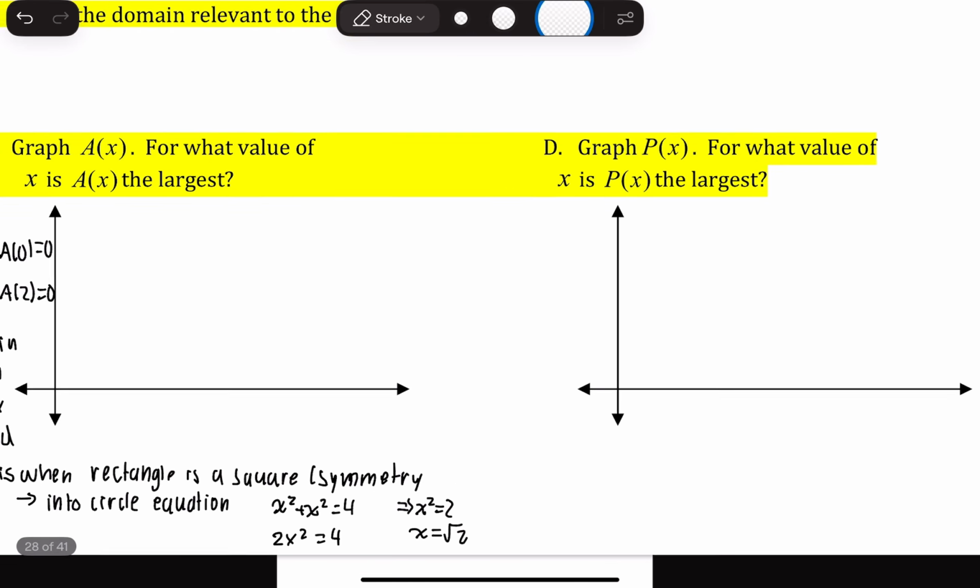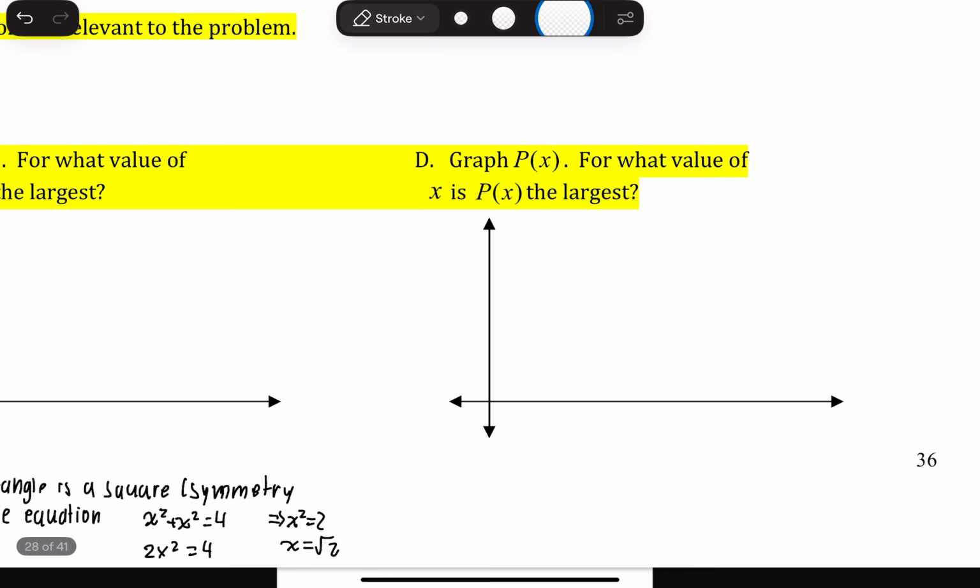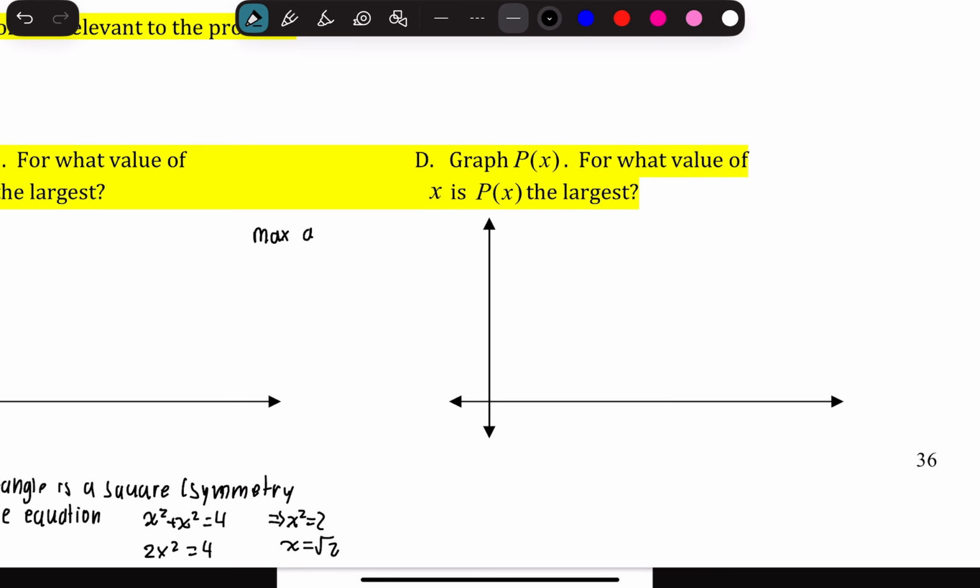So now we have the max area, and that's going to be A is equal to 4xy. Now we know what x and y are, so we get 4 times root 2 times root 2.